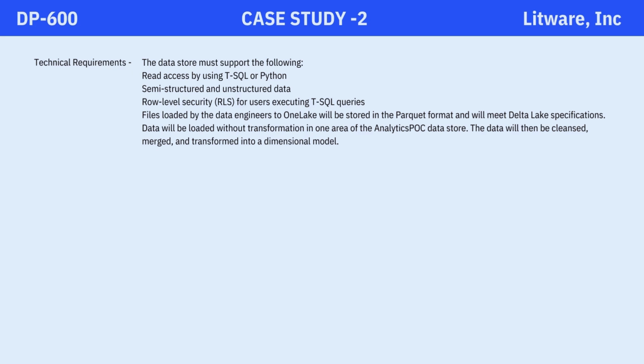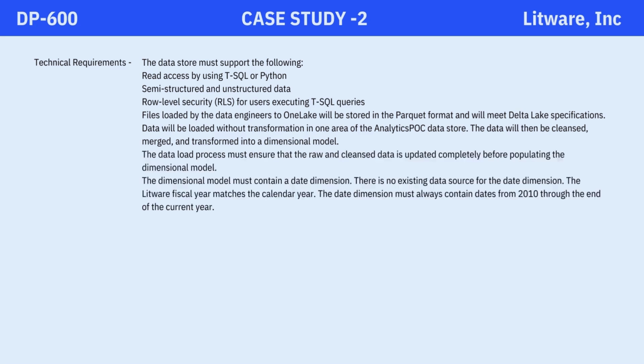Data will be loaded without transformation in one area of the analytics POC data store. The data will then be cleansed, merged, and transformed into a dimensional model. The data load process must ensure that the raw and cleansed data is updated completely before populating the dimensional model.